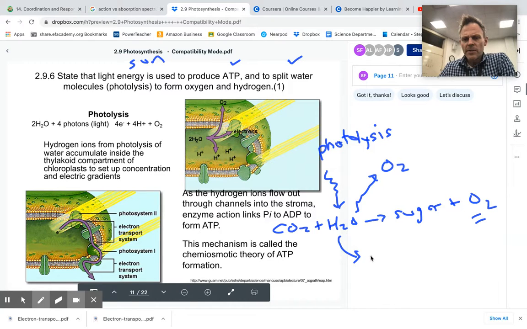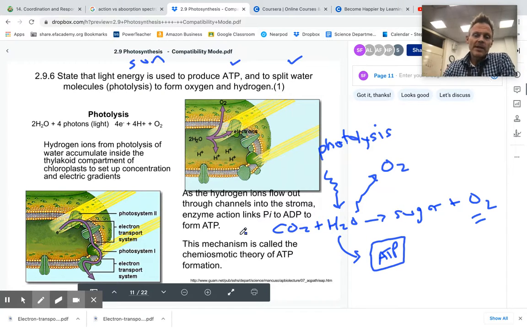So the hydrogen is going to be used to make ATP. That's pretty much all they want you to know. One of the products of photosynthesis that we didn't really talk about is that there's this ATP part in it as well. So that's it for this process.